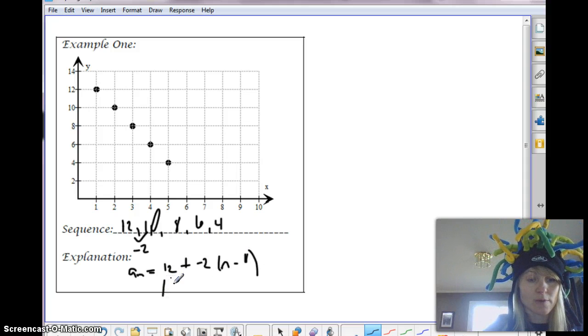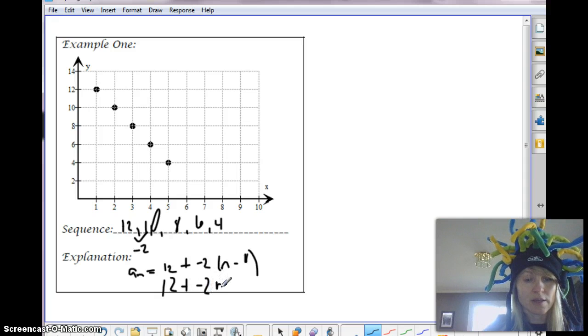So it's going to be 12 plus negative 2 times n, and then negative 2 times negative 1 give me 1. So my final answer would be the equation is a sub n equals negative 2n, and then 12 plus 1 would give me 13.